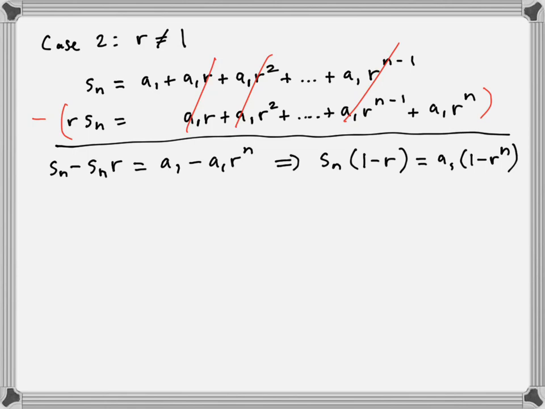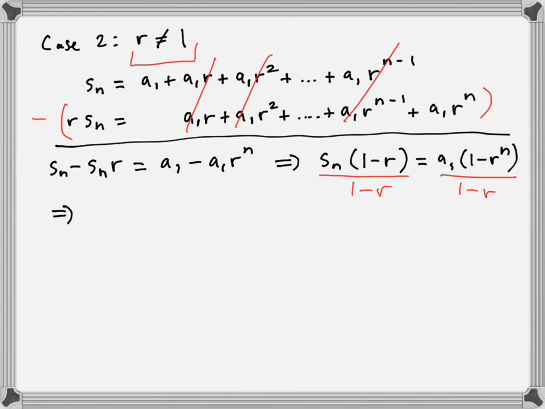Finally, I'm allowed to divide both sides by 1 minus r. By the way, we should be careful here, because 1 minus r, is it possible for it to be 0? No, because r is not 1.